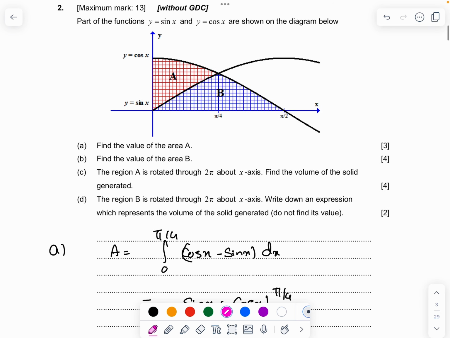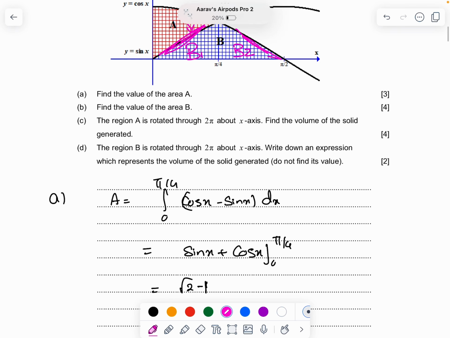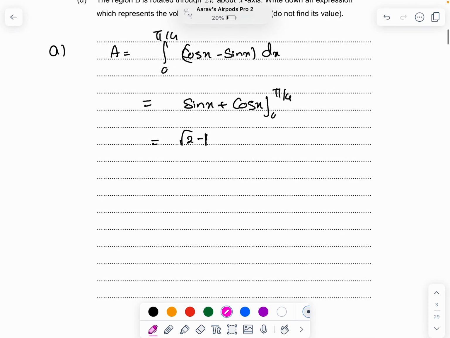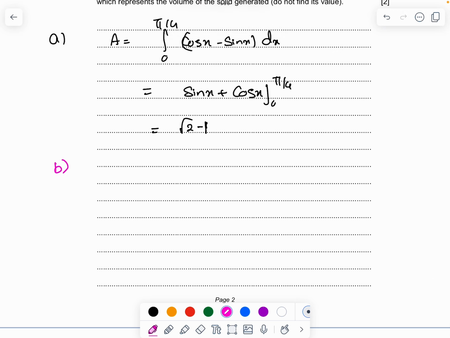For part B, there are two areas, B1 and B2. For B1, sin x is the curve, and for B2, cos x is the curve, and the limits are 0 to pi by 2. So 0 to pi by 4, cos x dx, plus B2 will be pi by 4 to pi by 2 sin x dx. Now what is cos x integral?